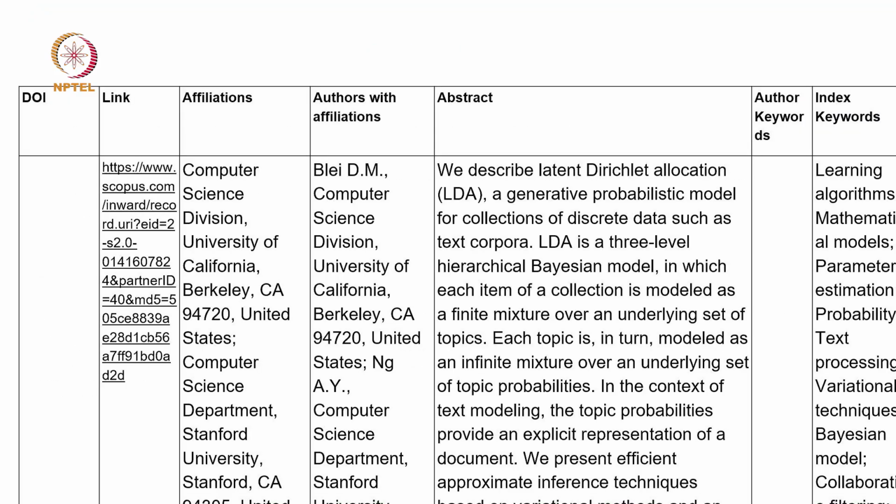Then similar to this, if we see the affiliation, this is the University of California, and another is from Stanford University. So this is how we can do the analysis of institution co-authorship. And in a similar way, if we have authors from different countries, we can do the collaboration analysis of these different countries.